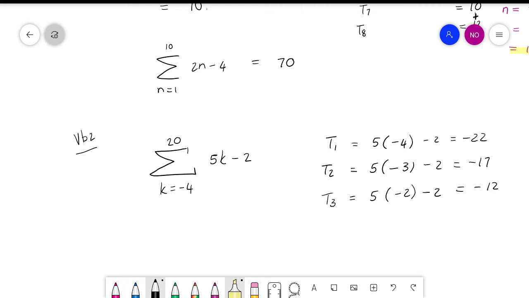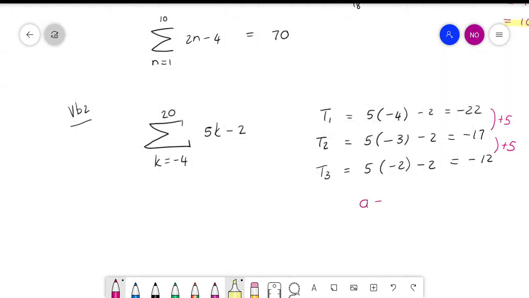Okay, so wat sien ons hier? Ons sien hierheen is weer 'n rekenkundige ry waar daar elke keer 5 bygetel word. So I can see that A is equal to what? Negatief 22, né? Eerste term is negatief 22. The constant difference is 5. And N, how do I calculate N?